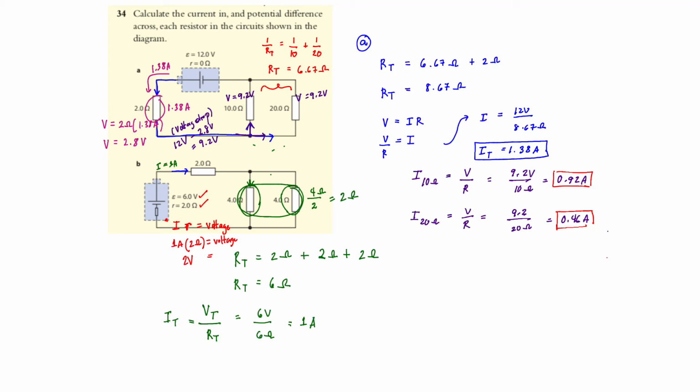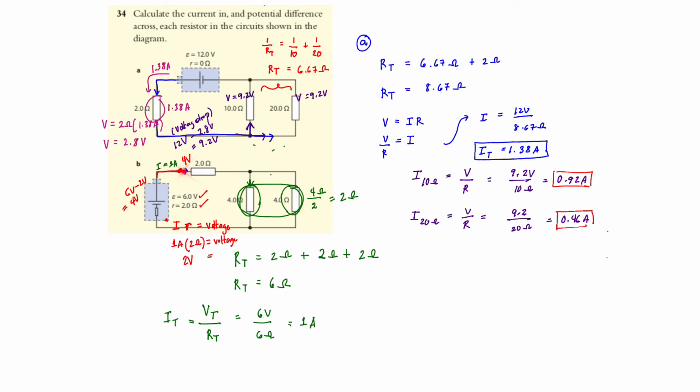And so here the voltage drop is simply 6 volts minus 2 volts, and we have 4 volts. So the potential difference across this wire is 4 volts.